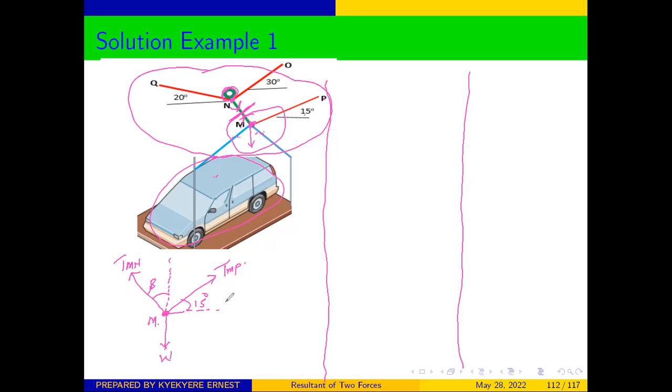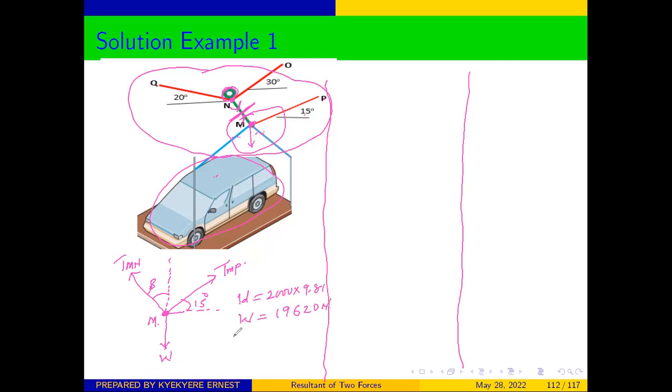And then from here, we can calculate our weight. Since we have been given the mass, which is 2,000 kilograms, the weight will be equal to 2,000 times 9.81. And from there, W will be equal to 19,620 newtons.